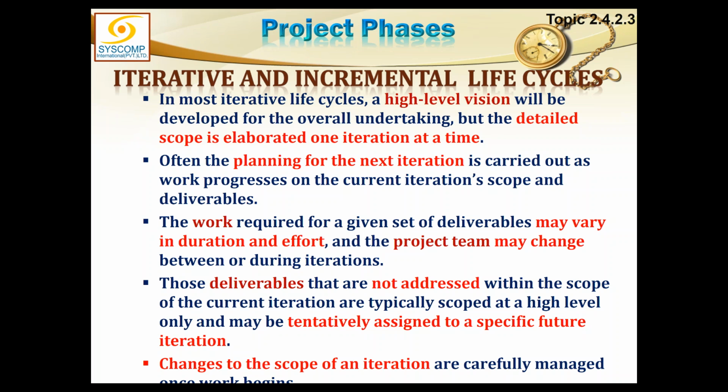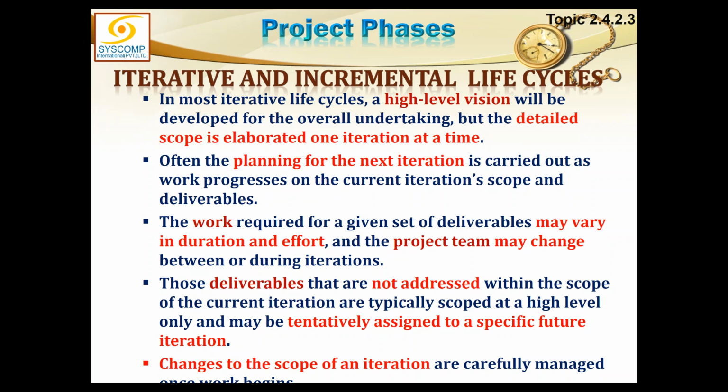As I said before, the outline plan is created. A high-level vision is there. We know generally what is going to be produced, but at the same time, we don't know the specifications and details about that deliverable.